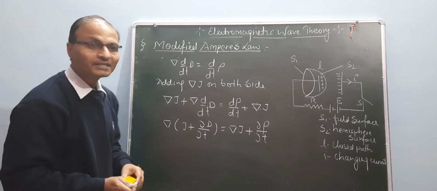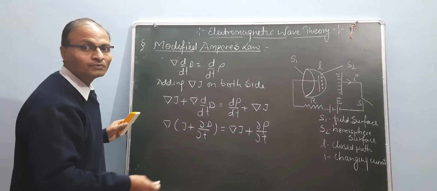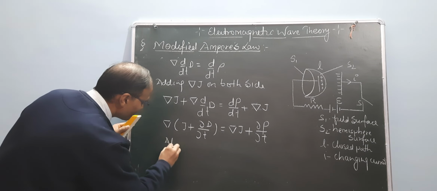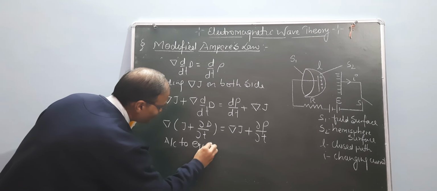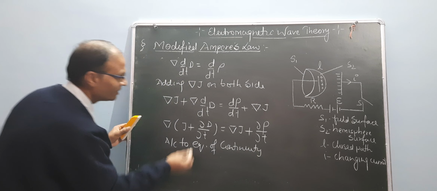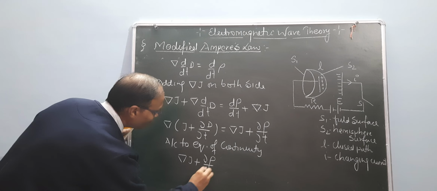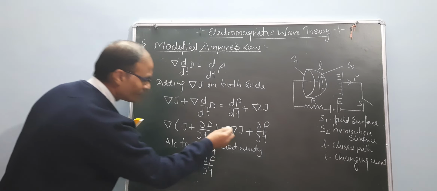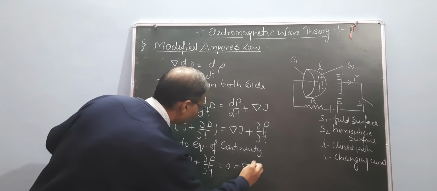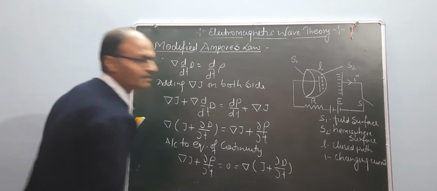According to the equation of continuity, del dot J plus del rho over del t equals 0, which equals del dot of J plus del D over del t.